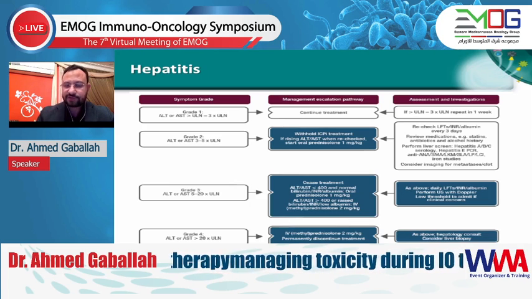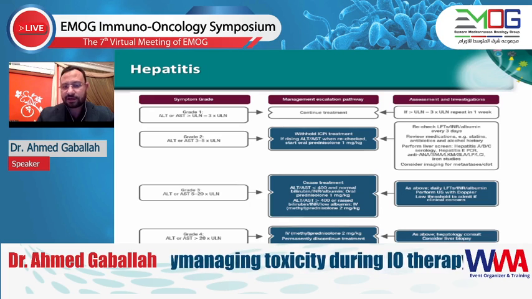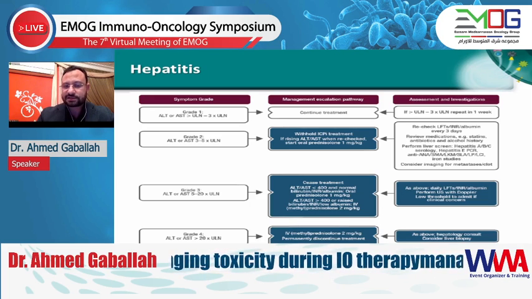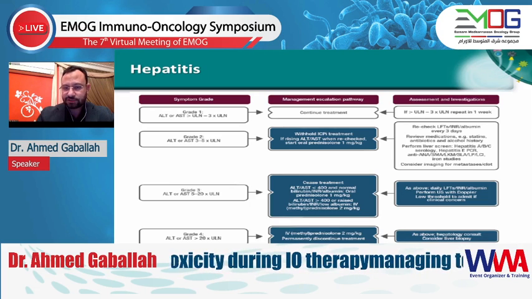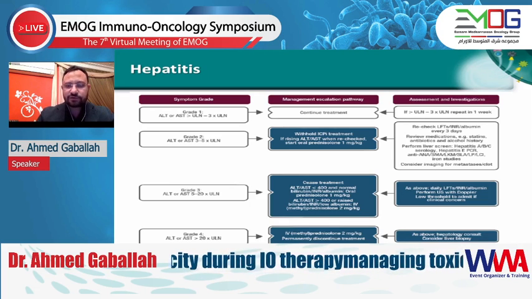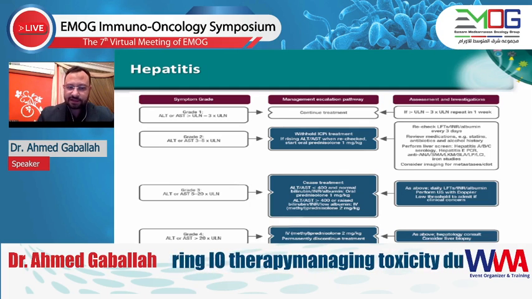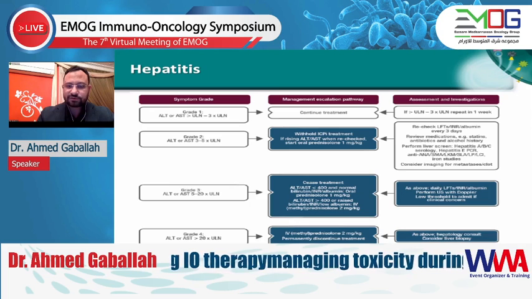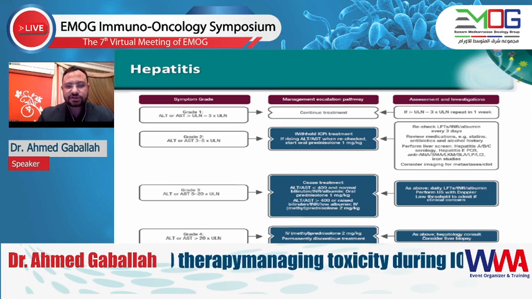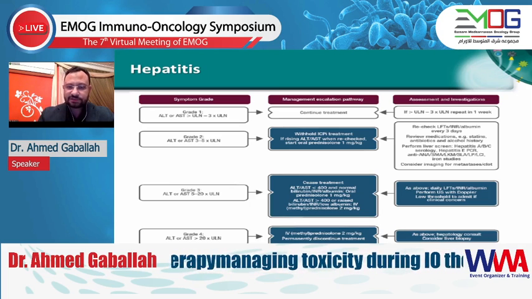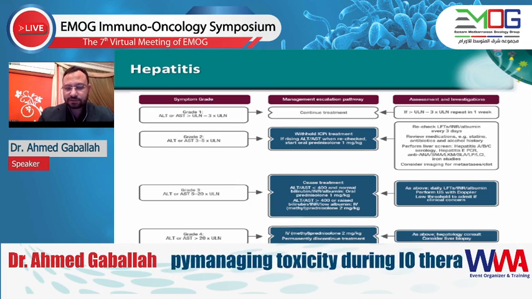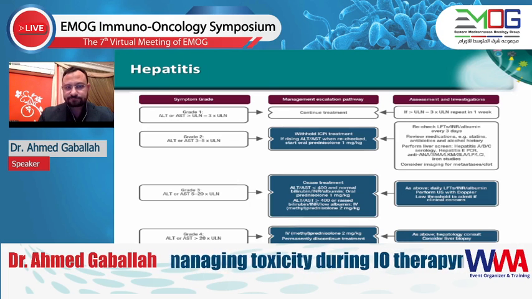But if we have liver enzymes more than 400 or other disturbed liver function like elevated INR, low albumin, high bilirubin, we should start IV methylprednisolone at a dose of 2 milligram per kg. If we have grade 4, the immunotherapy is never to be reconsidered again. Grade 4 means liver enzymes more than 20 folds, and the patient should be hospitalized, and we start IV methylprednisolone at a dose of 2 milligram per kg.